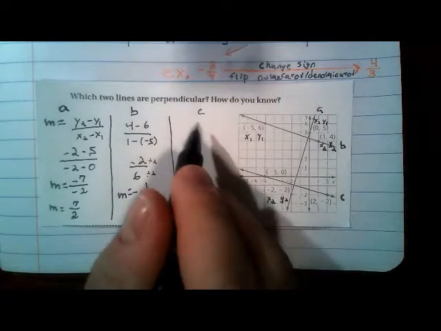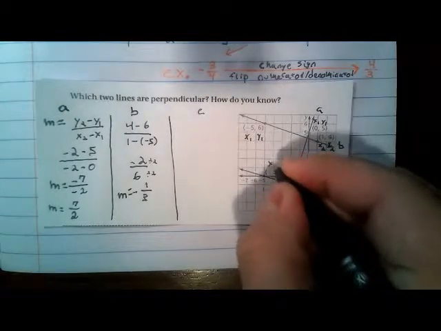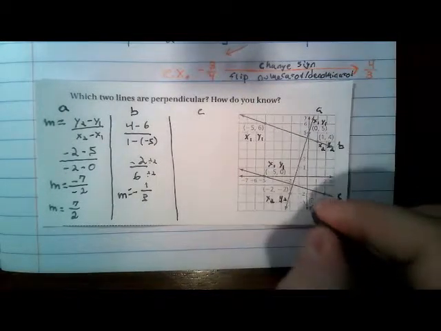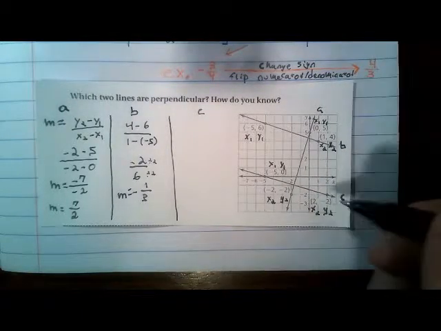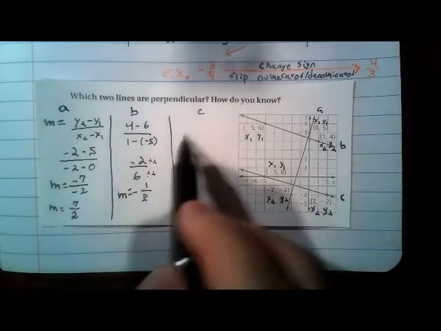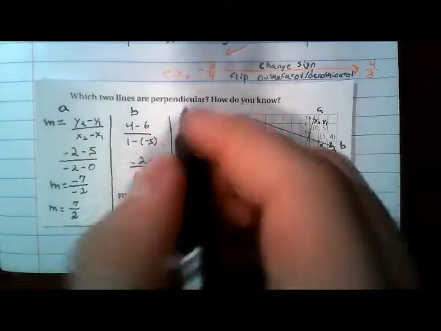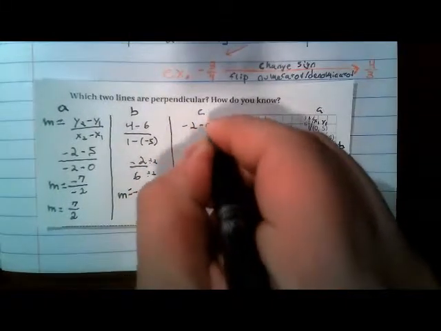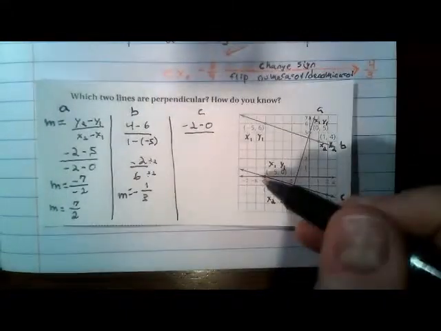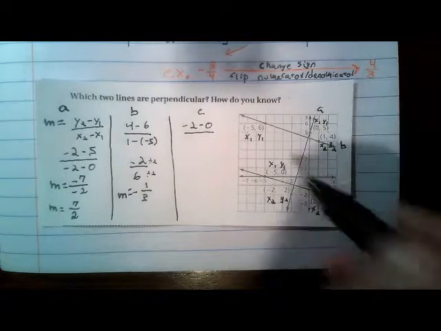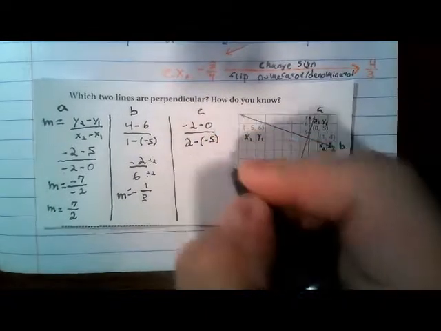So hopefully it's C, or if we did something wrong. Let's label our points x1, y1, x2, y2. I have my slope formula over here, so that's y2 minus y1, which is negative 2 minus 0, over x2 minus x1, which is 2 minus negative 5.